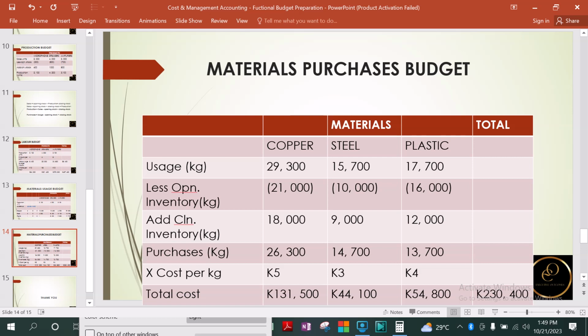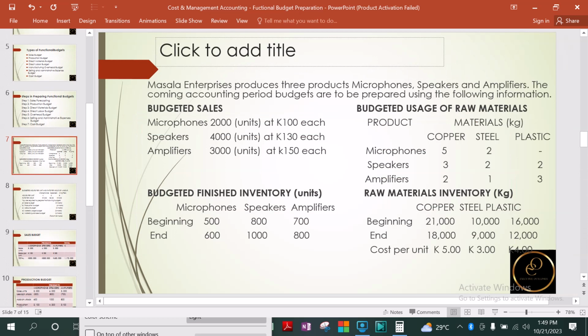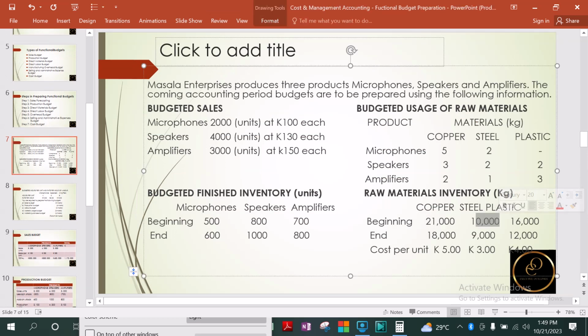For steel, again, we do the same. What we plan to use is 15,700. What are we going to start with? 10,000, from this inventory schedule here. Opening stock is 10,000 and closing stock is 9,000 under steel.